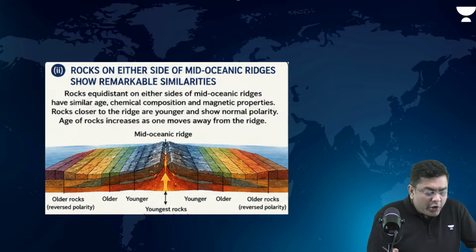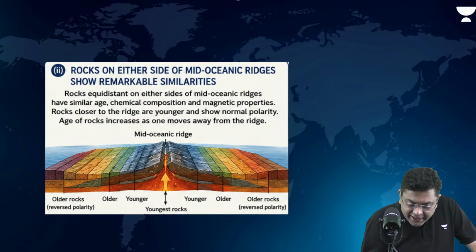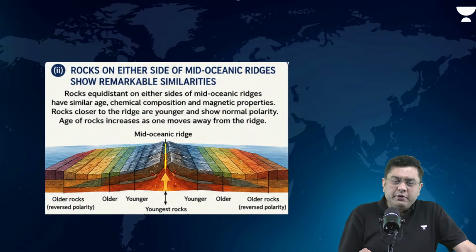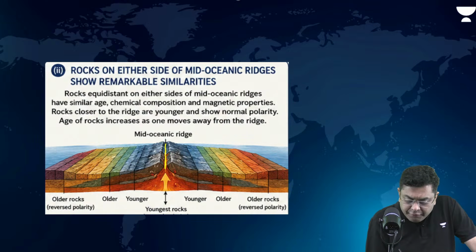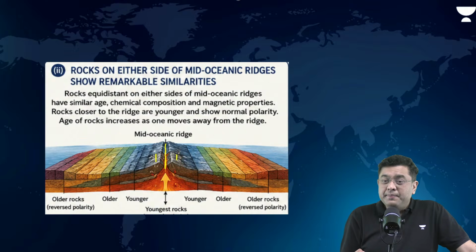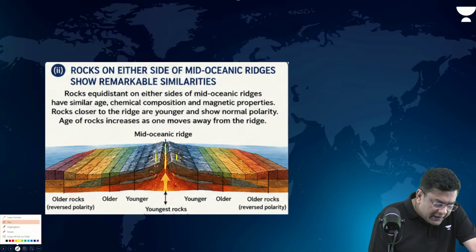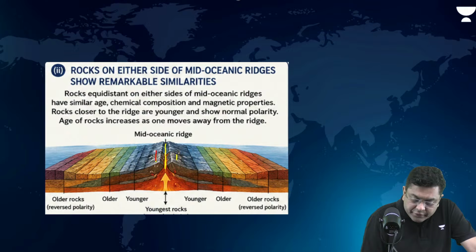Now, what he also observed was that in these regions of volcanic eruptions, that is the mid-oceanic ridges, if you move away from this region of volcanism, the age of rocks gets older. What does it mean? It basically means the age of this rock is similar to the age of this rock. But the age of this one here is older, but it is similar to this one.